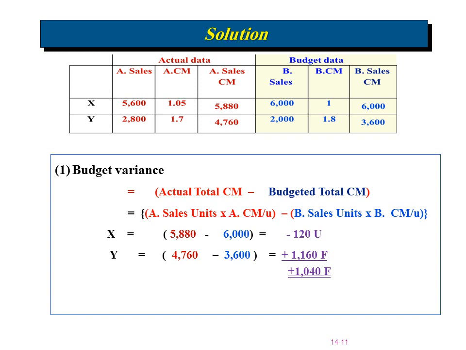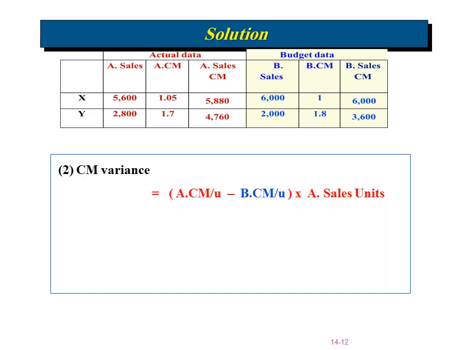The second step, after calculating budget variance, I analyze budget variance into 2 variances. Okay, you remember? The first one, or the second variance here according to my requirements, is contribution margin variance.